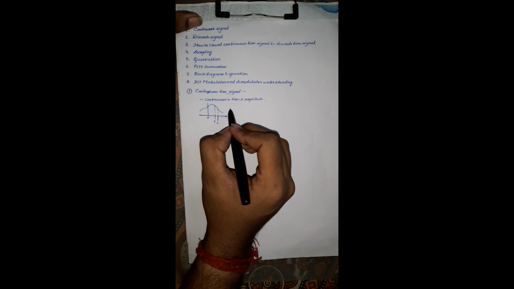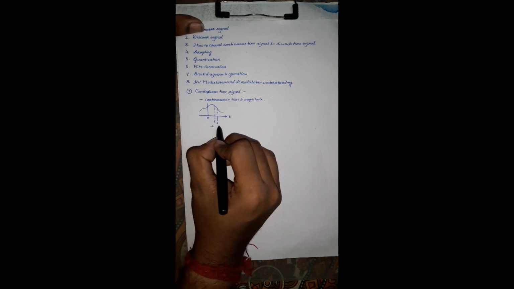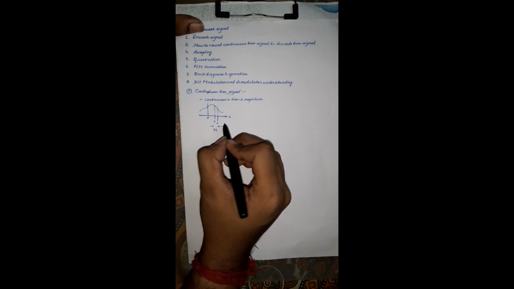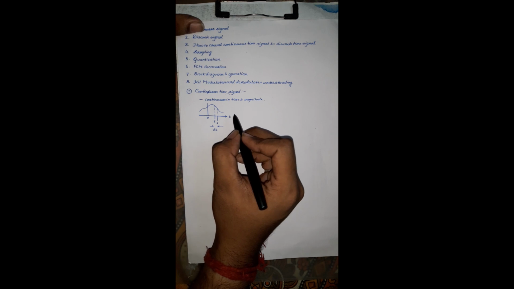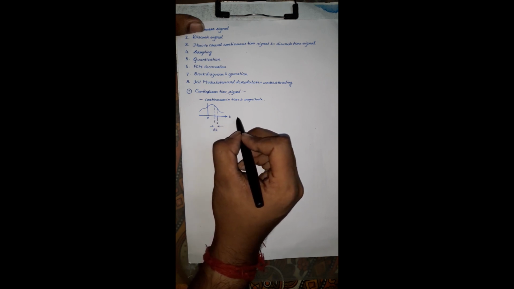Why is it continuous in time? Because of the difference of the two instants, that is the delta t. If you pick two instances in the time domain which are very close, their difference is very small.